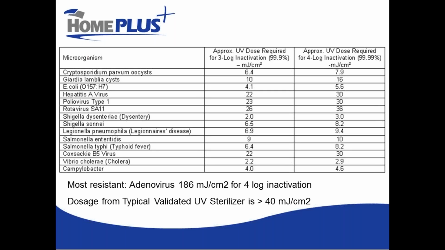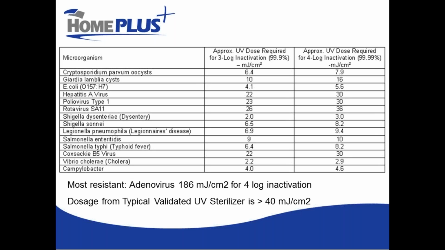So this chart just illustrates some of the common microorganisms that we see in water and the UV dose that we require to achieve a 3 and a 4 log inactivation. So 4 log means 99.99%, and that's reflected in the column on the right there. So for instance, for E. coli, at just a little under 6 millijoules per centimeter squared, we can achieve a 99.99% reduction.